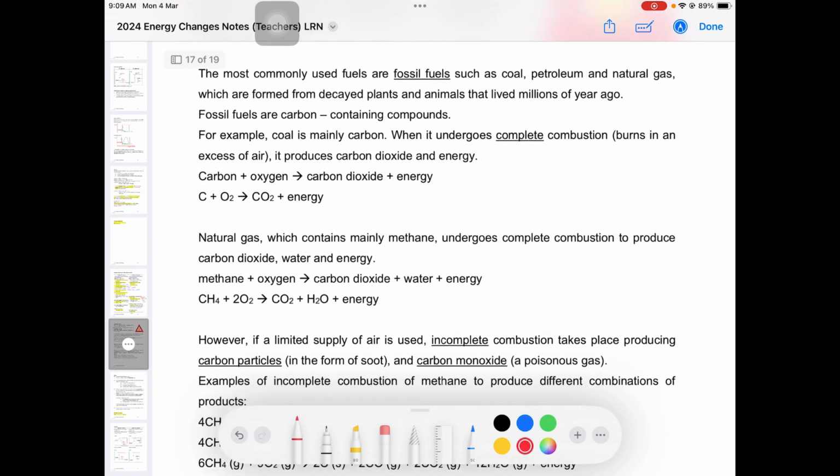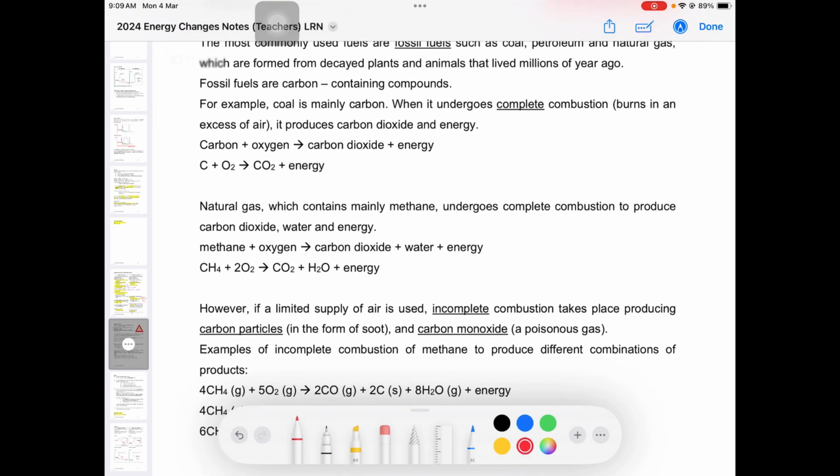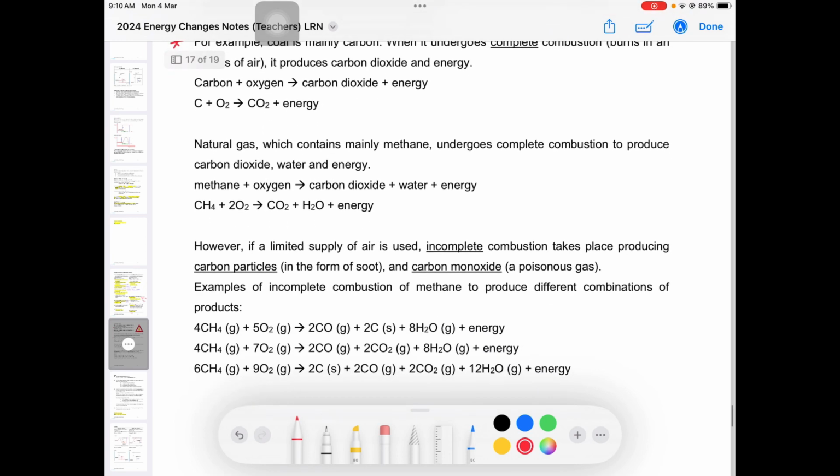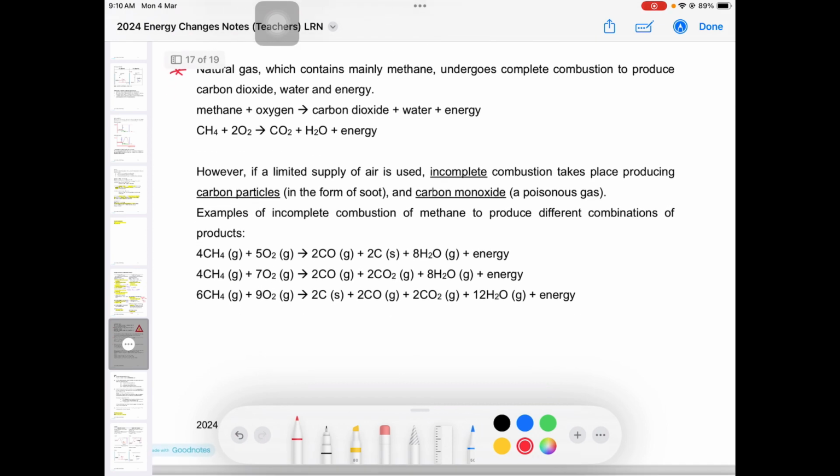Then other things that you would have learned before: complete combustion of fuels. For example, coal, which contains carbon, will produce carbon dioxide. And if your fuel contains hydrogen, you also get water as a product. So complete combustion occurs when there is sufficient oxygen present.